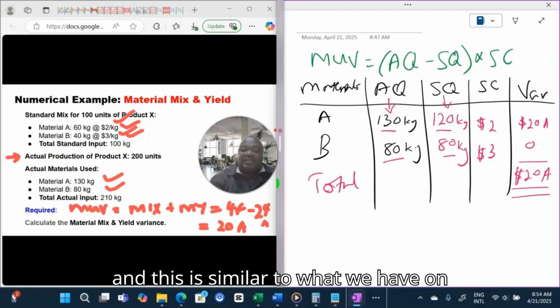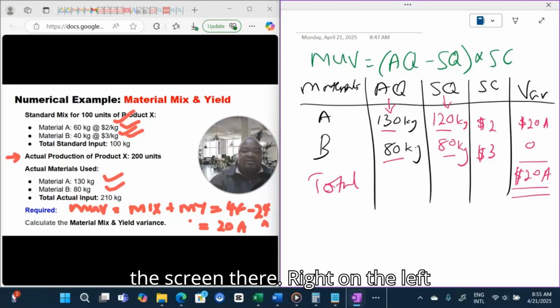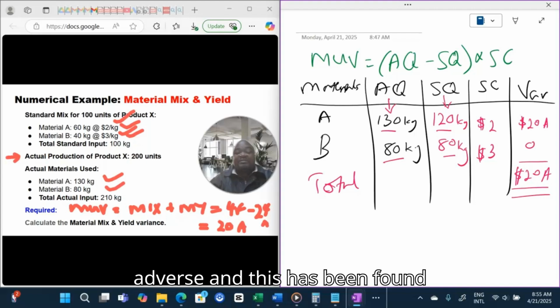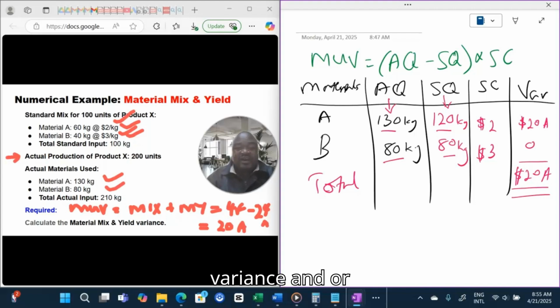And this is similar to what we have on the screen there. On the left screen, we also have the $20 adverse, and this has been found from adding the material mix variance to the materials yield variance.